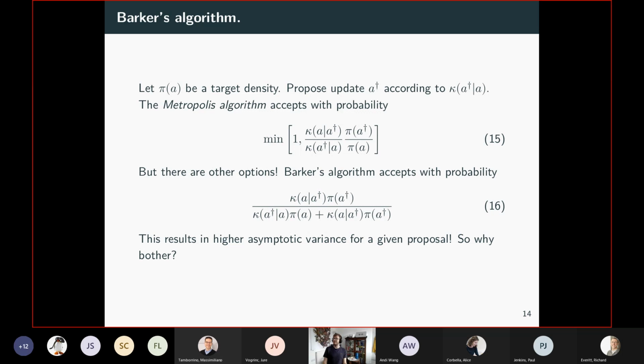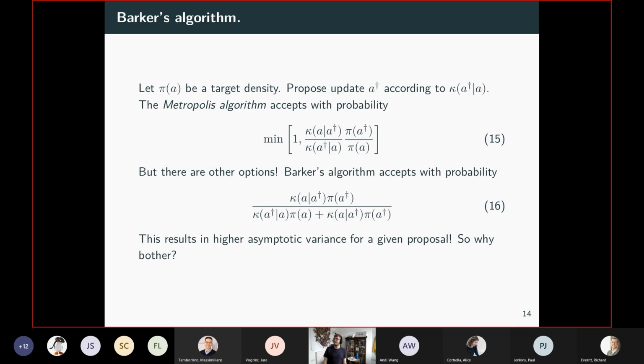So Barker's algorithm is like a lesser known cousin of the Metropolis algorithm, which I imagine everybody here has heard of. If you think of a target density, pi of a, and proposing some update to a, which I'm going to call a dagger, according to some proposal distribution, then the Metropolis-Hastings algorithm accepts with the probability in equation 15.